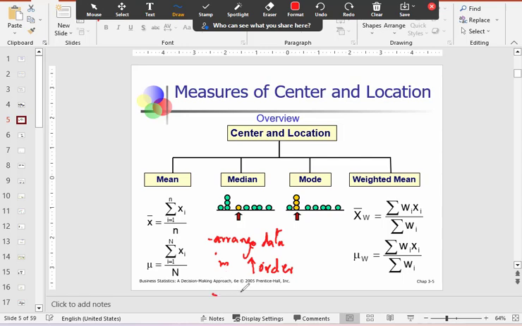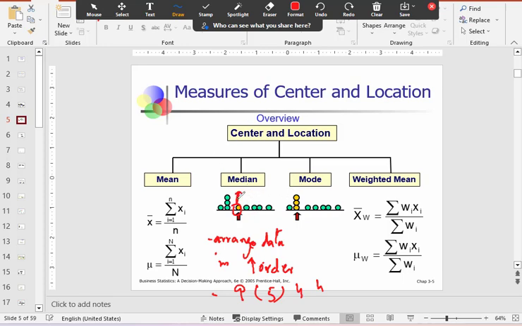If we have 9 observations, it means the center value will be the fifth one. This is the central value because it has 4 values below it and 4 values above it. So this fifth number is in the middle in terms of the order of the numbers, so this will become its median.